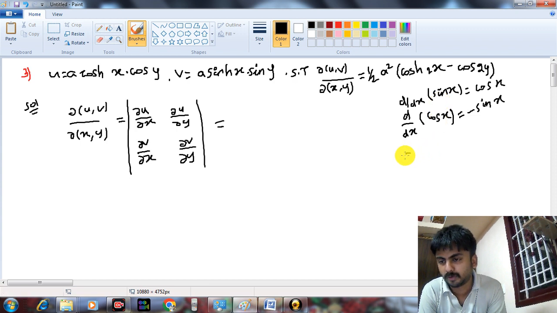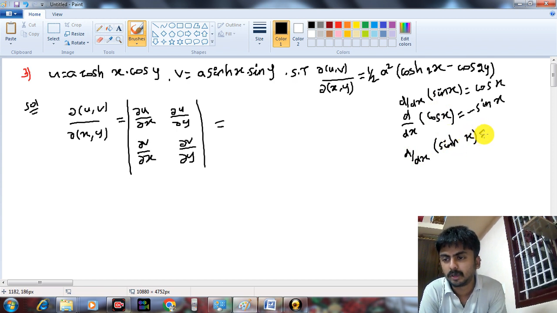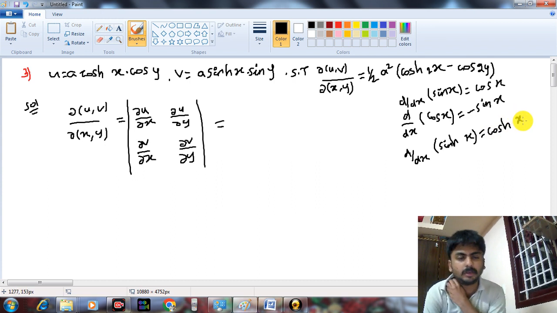So d by dx of sinh x equals cosh x. There will be no minus.